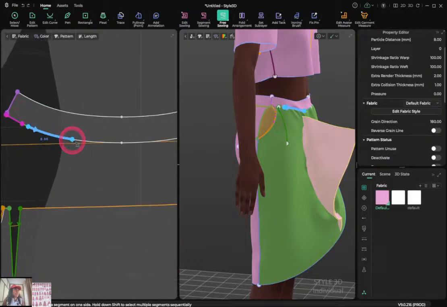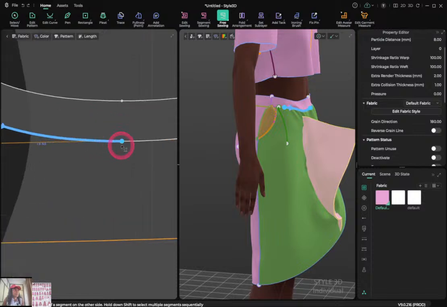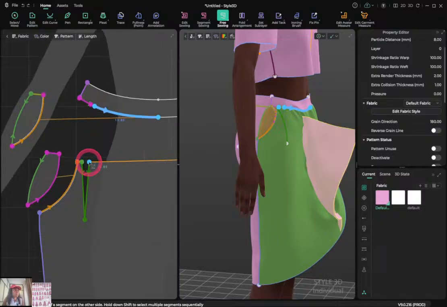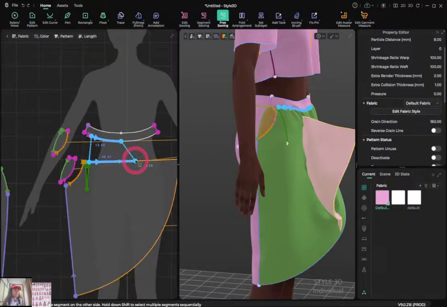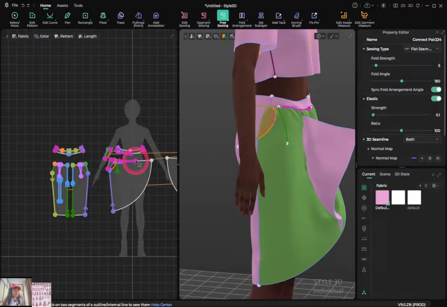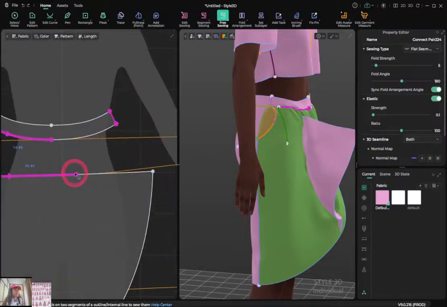Let's say from here to here, from here to maybe the middle part, and then from here to here to right there.